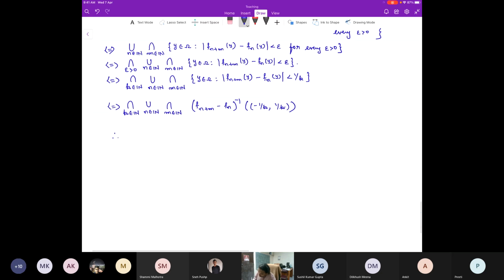Therefore, what is E? The set of convergence is intersection over k in N, union over n in N, intersection over m in N, (f(n+m) minus fn) inverse of (-1/k, 1/k).